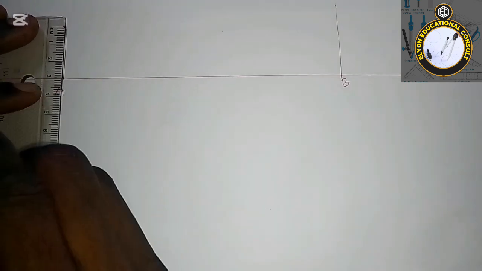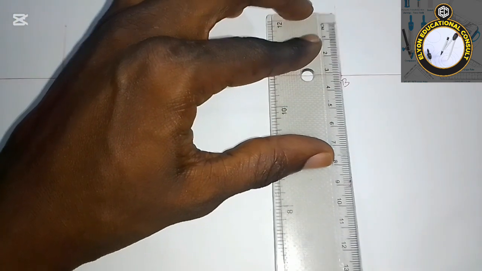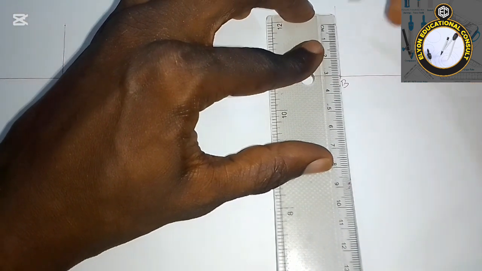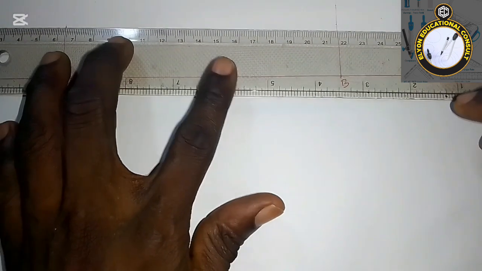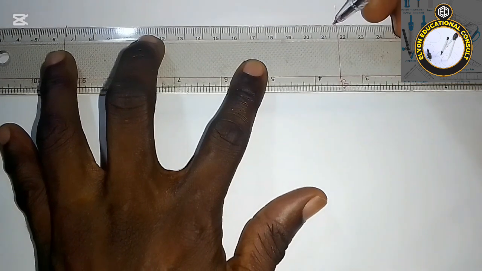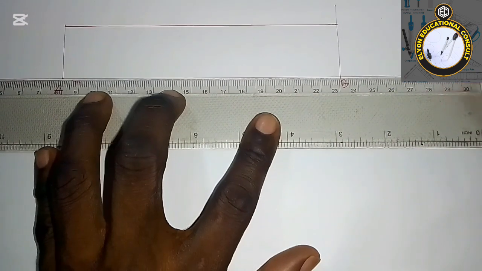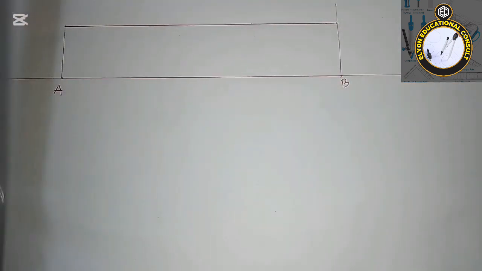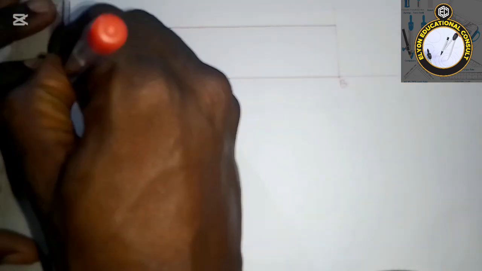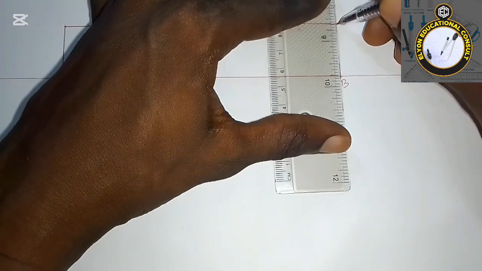So this is 3, this is 3, this is 3, so we have our rectangle drawn.